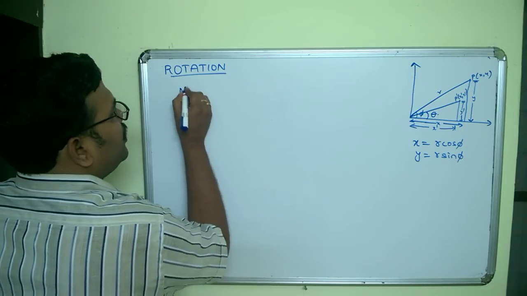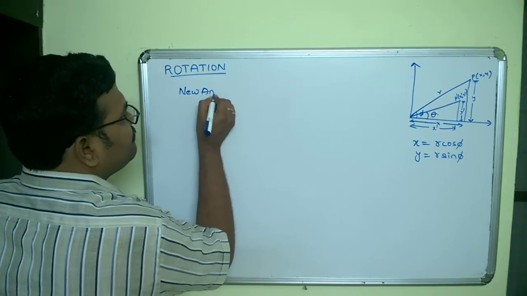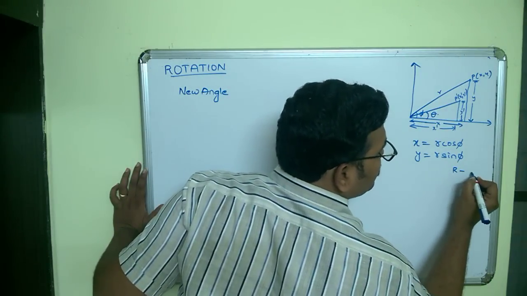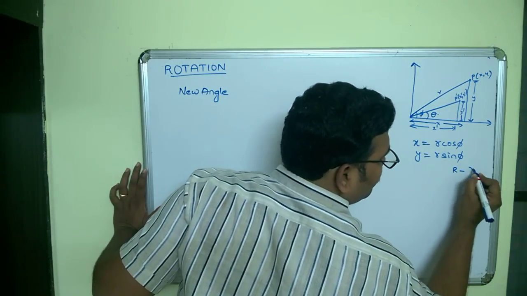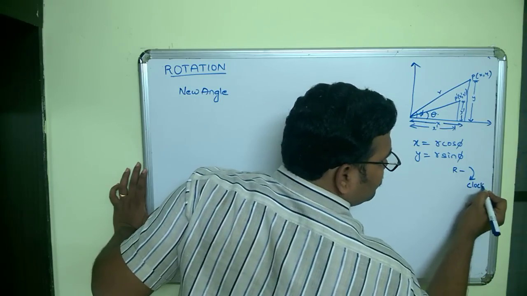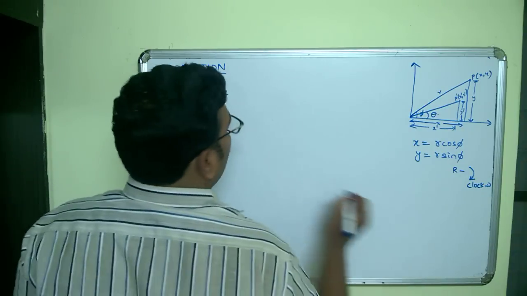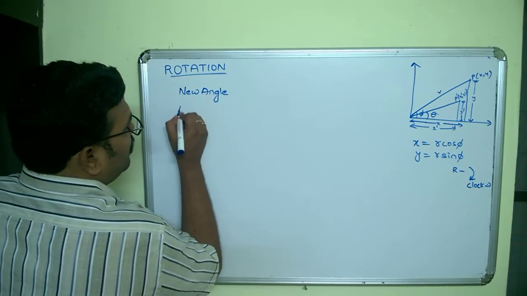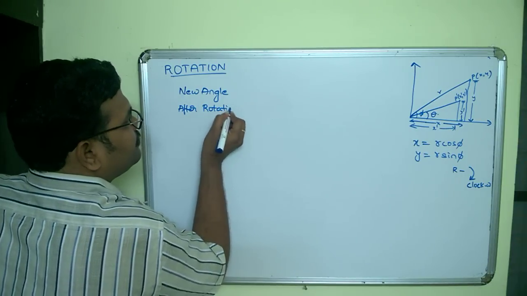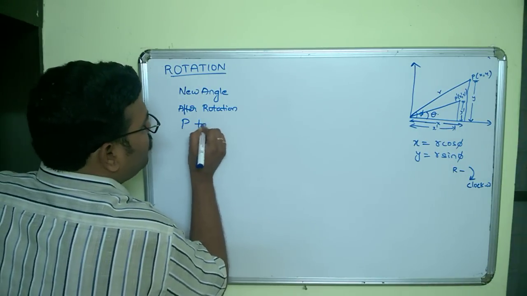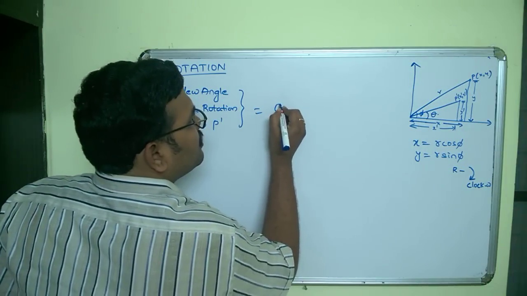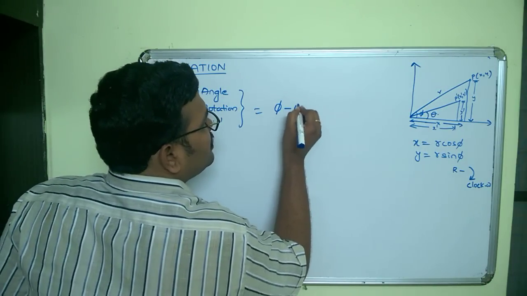Here the angle rotation is in this way, that means clockwise. The new angle after rotation from P to P' is phi minus theta.